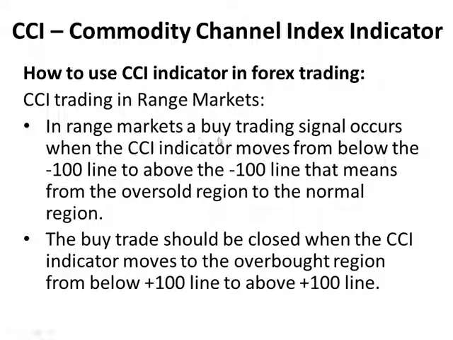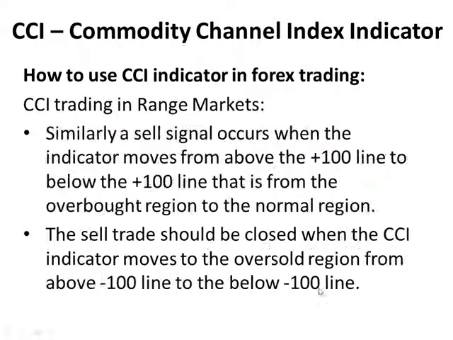In a range market, a buy trading signal occurs when the CCI indicator moves from below the -100 line to above the -100 line. That means from the oversold region into the normal region. The buy trade should be closed when the CCI indicator moves to the overbought region from below the +100 line to above the +100 line.